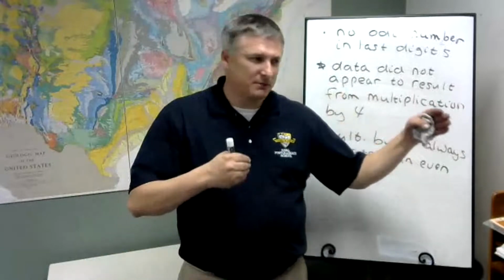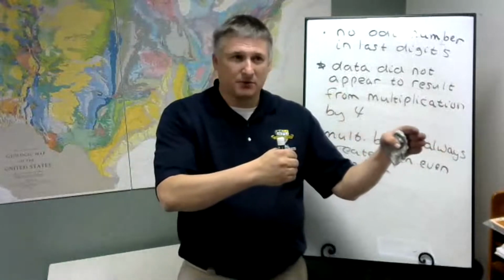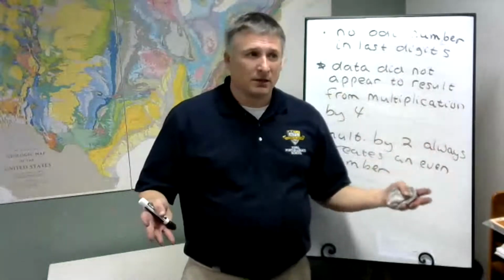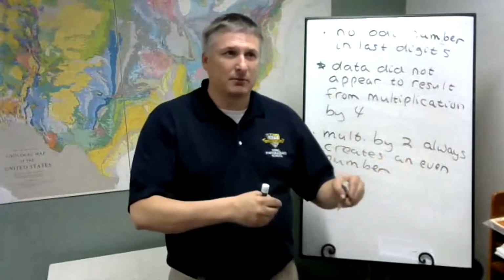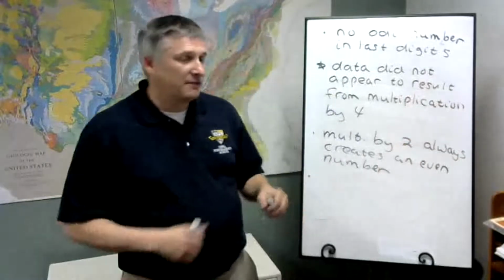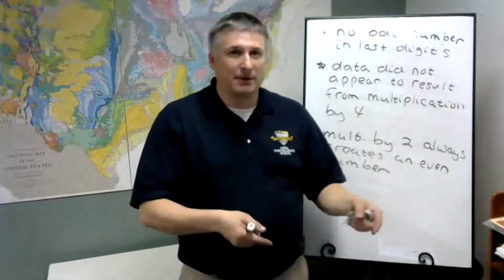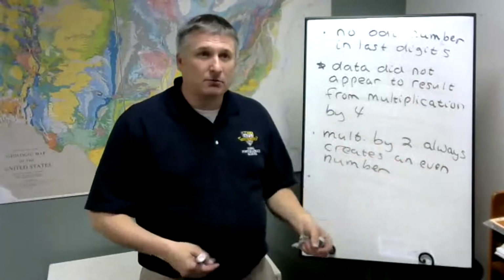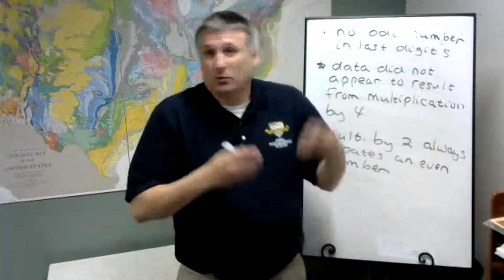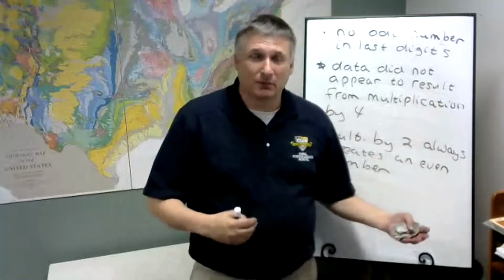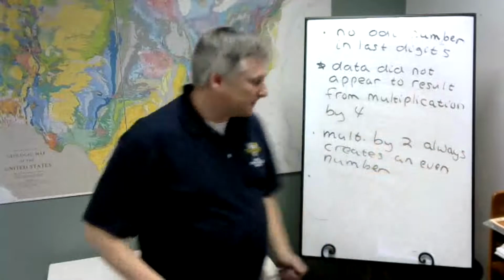Remember, pulses are supposed to be for the entire minute. So what you'll do is you'll collect 30 seconds of pulses and then just multiply by 2. So if they got an even number of pulses in 30 seconds, they'll multiply by 2 to get an even number for the entire minute. If they get an odd number of pulses for that first 30 seconds, well, they'll just multiply it by 2. Multiplication by 2 will also give you an even number. Odd times even gives you even. So odd times 2 will give you an even number. So again, you'll get an even number for the entire minute of pulses.